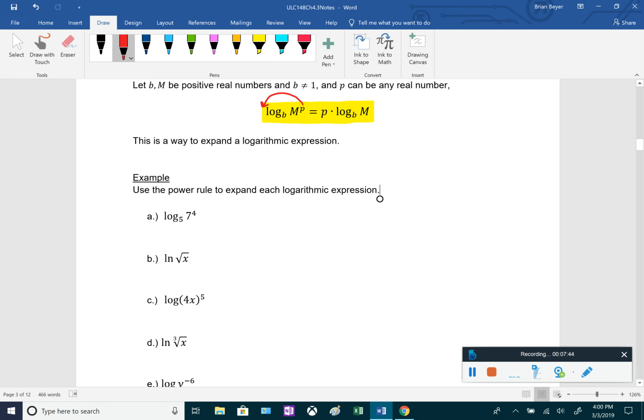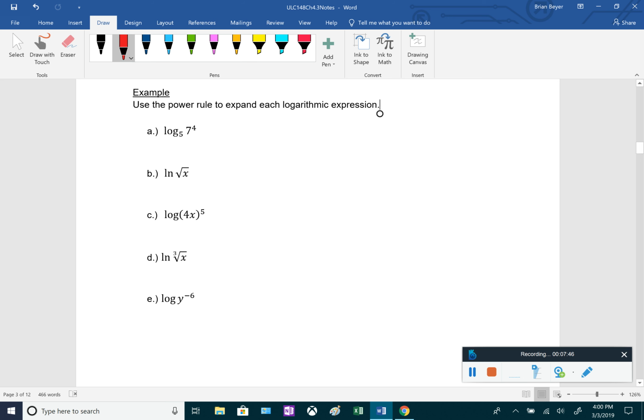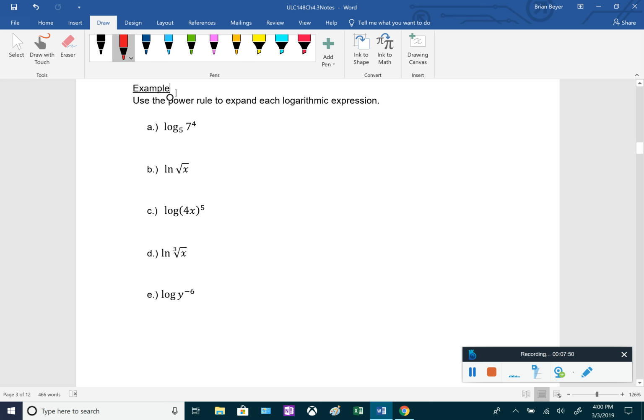Okay, so let's do some examples here. Let's use the power rule to expand these expressions. First one, we have log base 5 of 7 to the 4th. So we see that there is an exponent on that input, which is 7. The exponent's 4, so we're going to bring that down front. It's going to become 4 times log base 5 of 7.